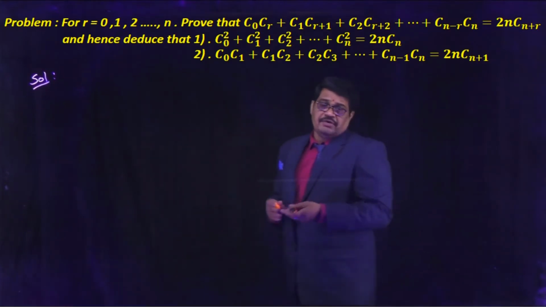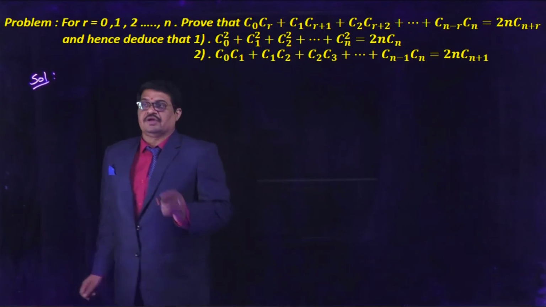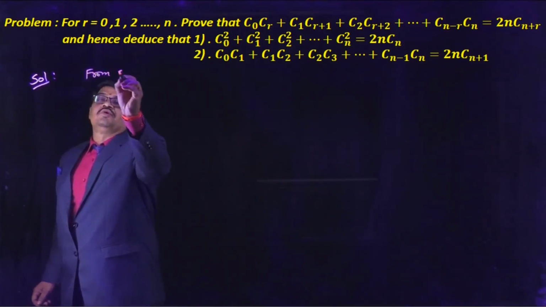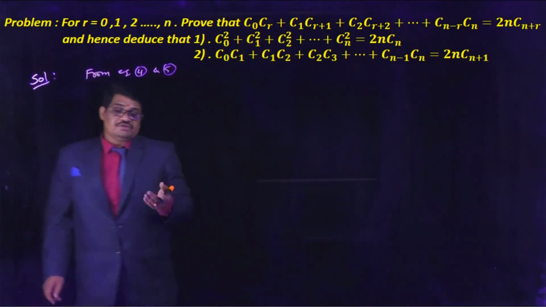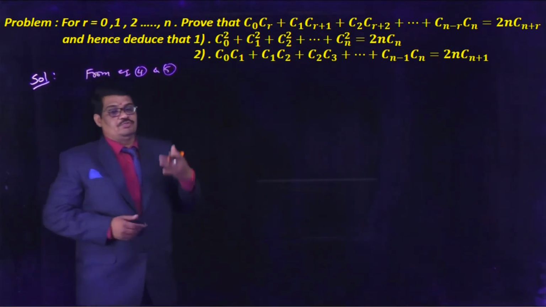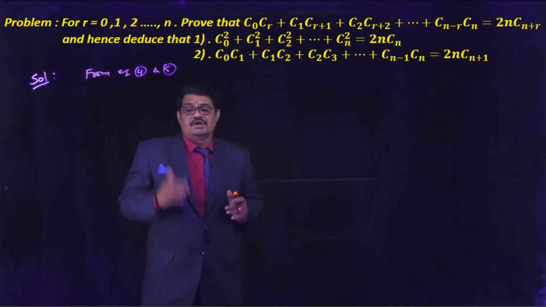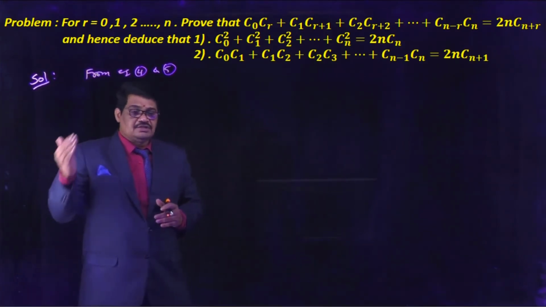Okay, now equating equations 4 and 5, we are getting the result. Equation 4 is the coefficient of x to the power of r in the RHS of equation 3, and equation 5 is the coefficient of x to the power of r in the LHS of equation 3.